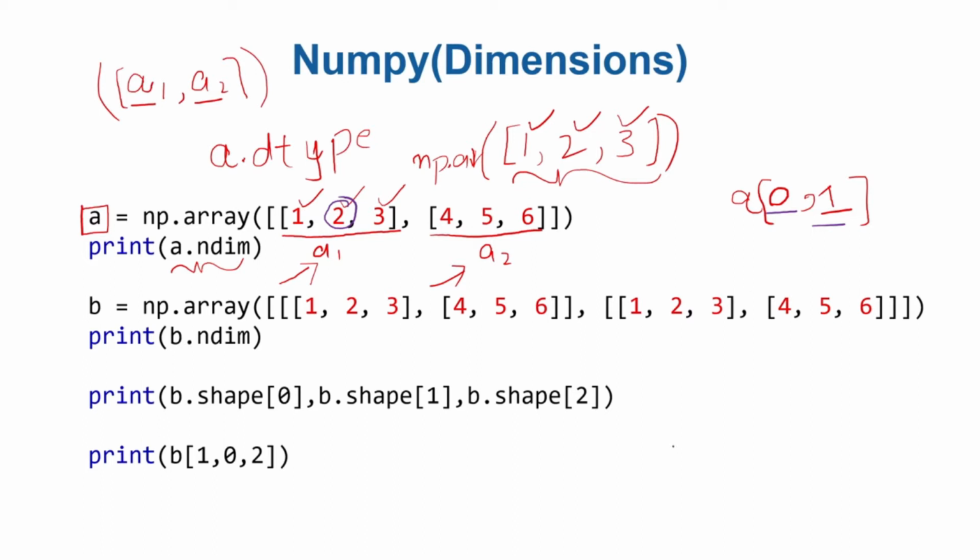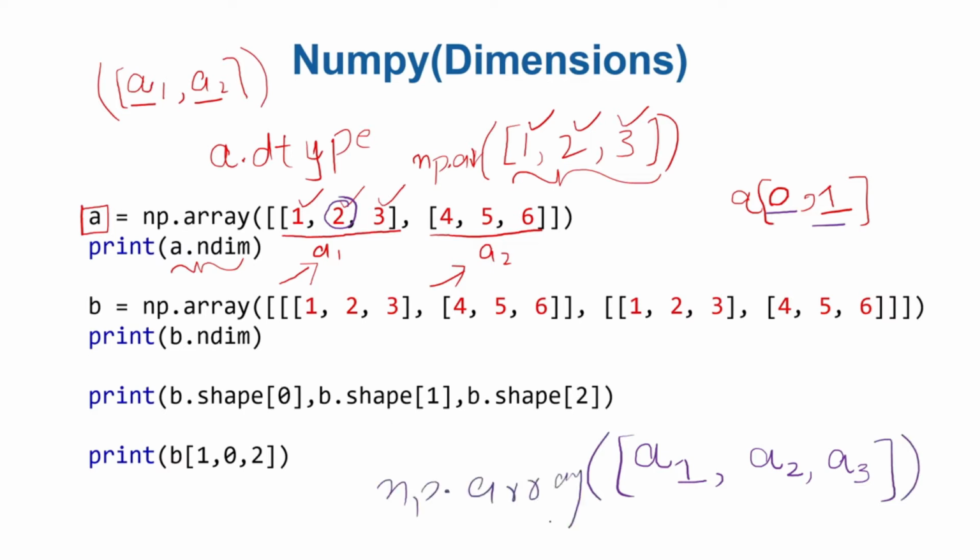Consider, for example, a two-dimensional array A1, another two-dimensional array A2, and another two-dimensional array A3. Let's say this is an array of two-dimensional arrays, np.array. Now that whole array is a three-dimensional array, and the reason is that to access any element we need three indices. The first index defines which one of these we are selecting, for example index 1.